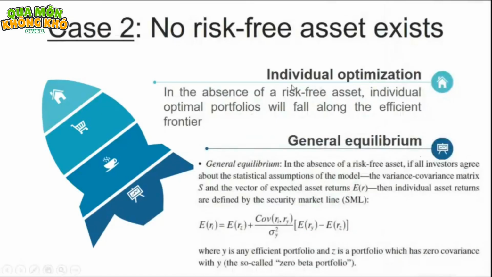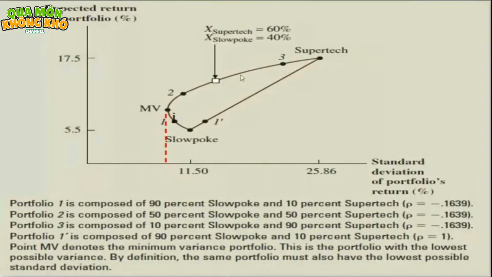In the case where no risk-free asset exists, individual optimal portfolios will fall along the efficient frontier. From this point to this point, we can call it a feasible set, but all investors only want their portfolio on the curve from the minimum variance point to this point.